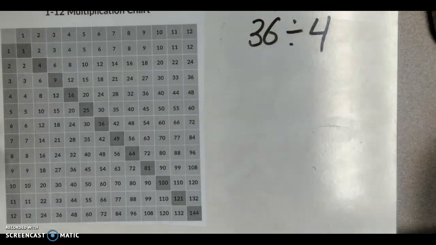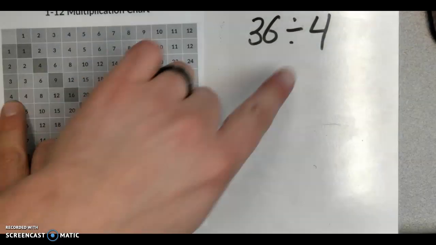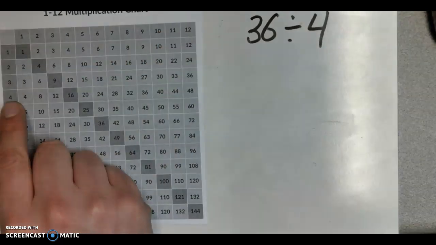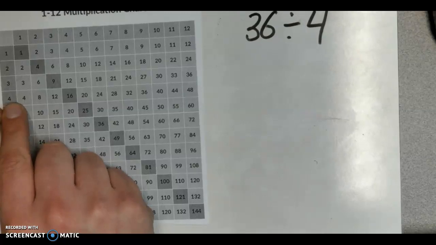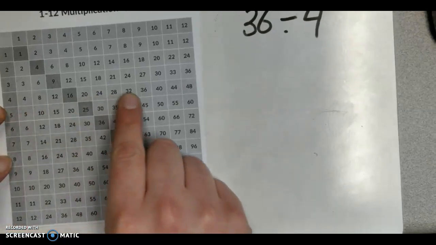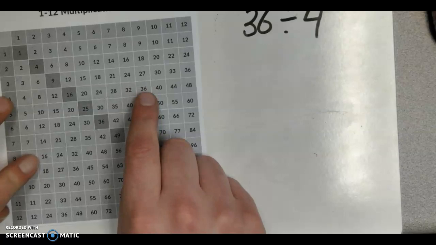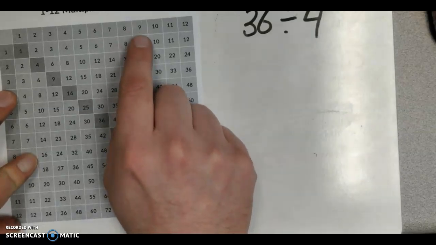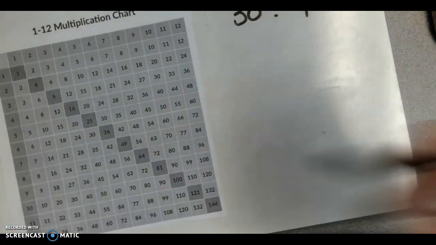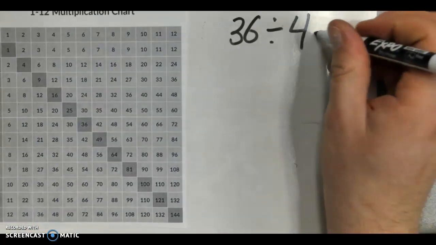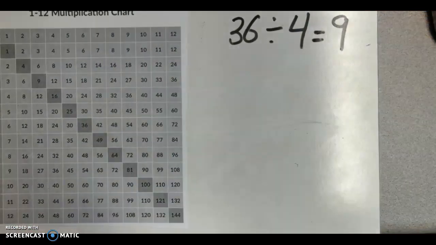So I'm going to put my finger on my 4 because that is my number I'm dividing by. And I'm going to look until I find 36. Once I find 36, I go up and I see how many times is that. And it takes me 9 times. So my answer is 9.